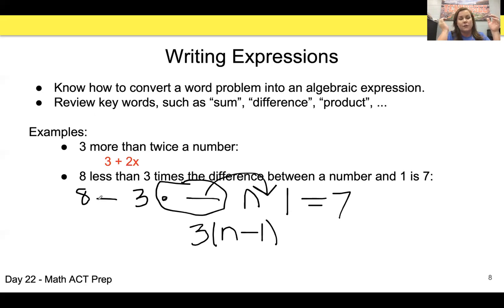But 2 minus 3 and 3 minus 2 is completely different. So I've got to make sure, is it 8 minus or is it minus 8? It's 8 less than whatever this is. So the minus needs to come here. Once I do 3 times n minus 1, then I subtract 8, then that equals 7.